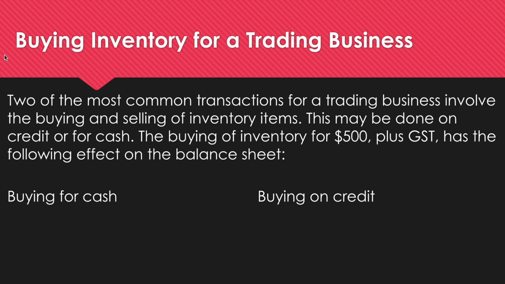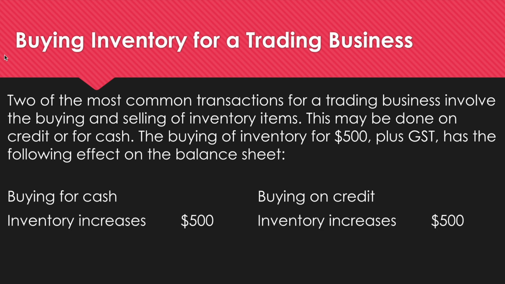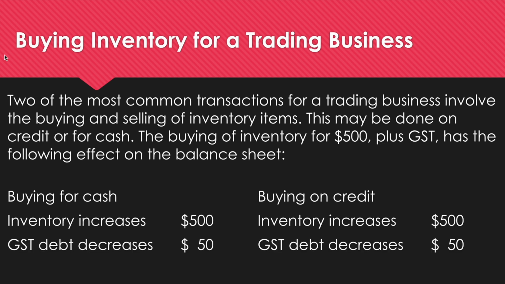When we're buying for cash, inventory increases by 500, and when we're buying on credit, inventory also increases by 500. GST debt decreases by 50 in both cases. So the first two effects are the same for cash and credit.